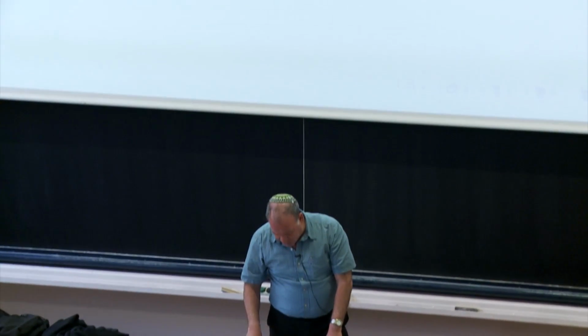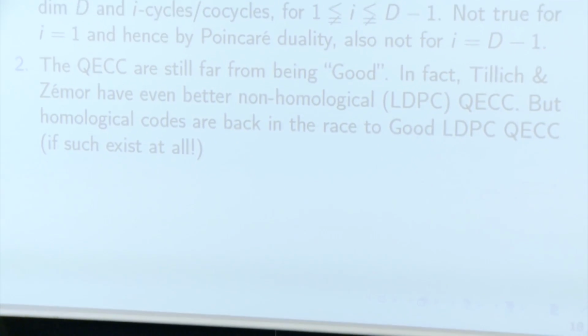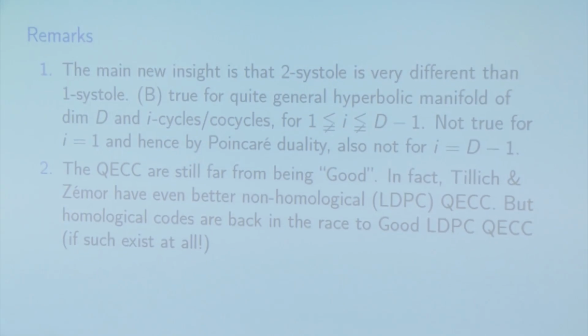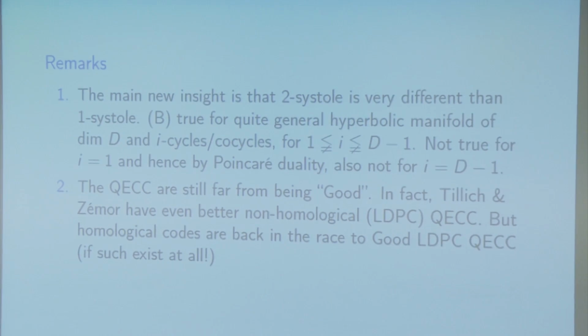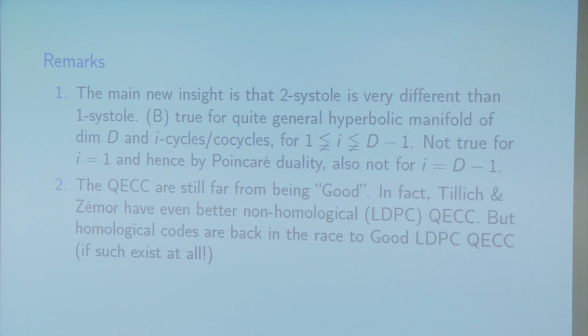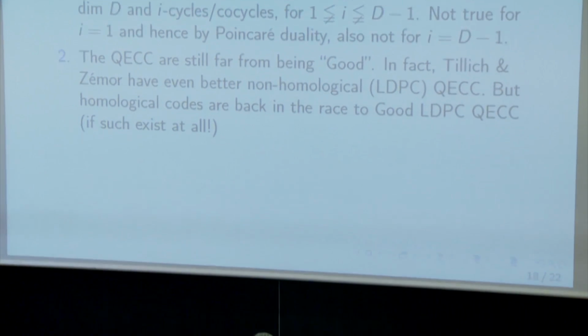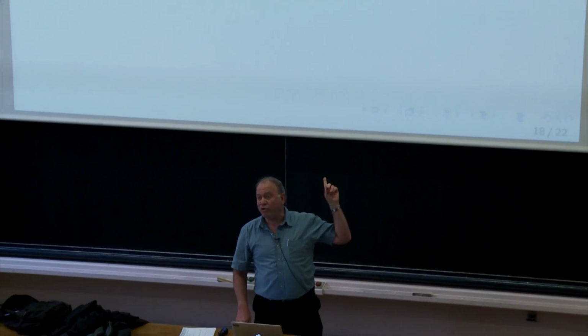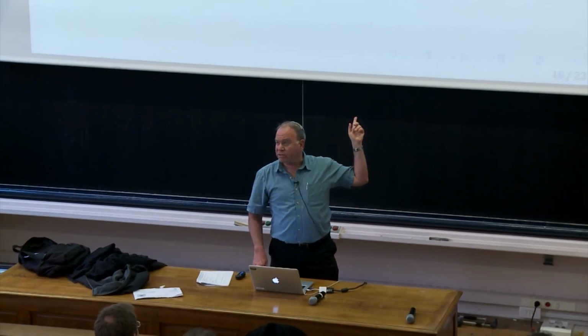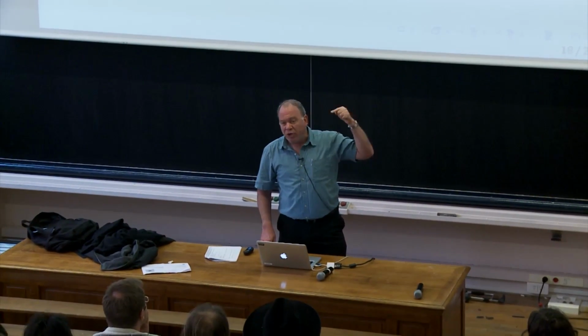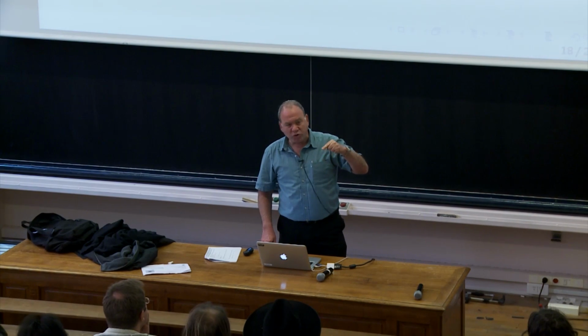Okay, so the QECC are still far from being good. That's what I mentioned. In fact, Tillich and Zémor have even better non-homological LDPC quantum error correcting codes. By the way, for these codes that I will discuss, I'll come back in a minute, we know that they are not good.